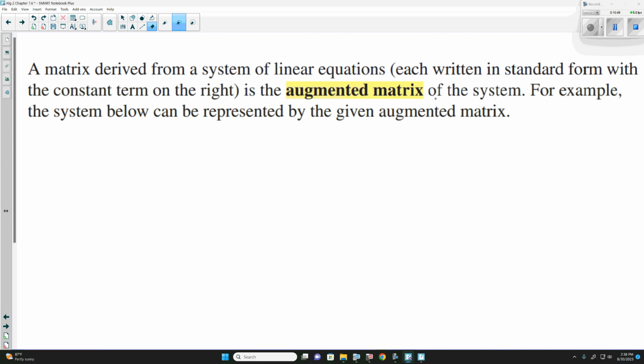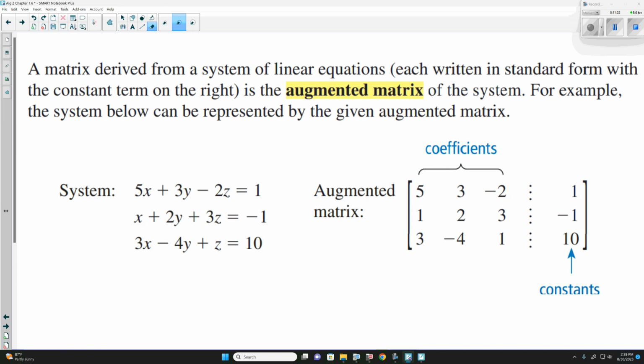For example, the system below can be represented by the given augmented matrix. So what they did is they took this 3-variable system of equations and wrote it as an augmented matrix where the coefficients are on the left and what it's equal to is on the right.